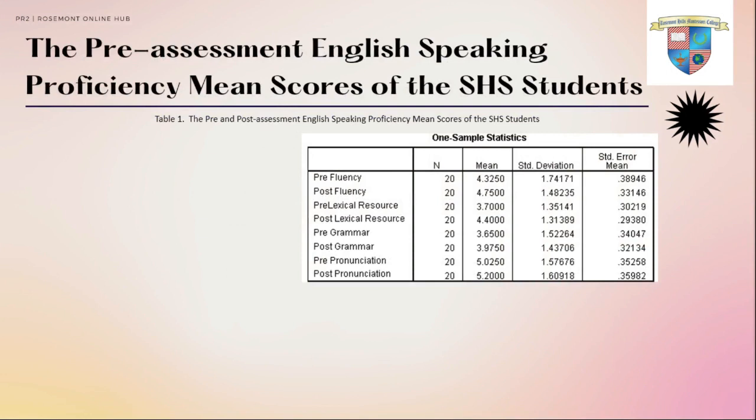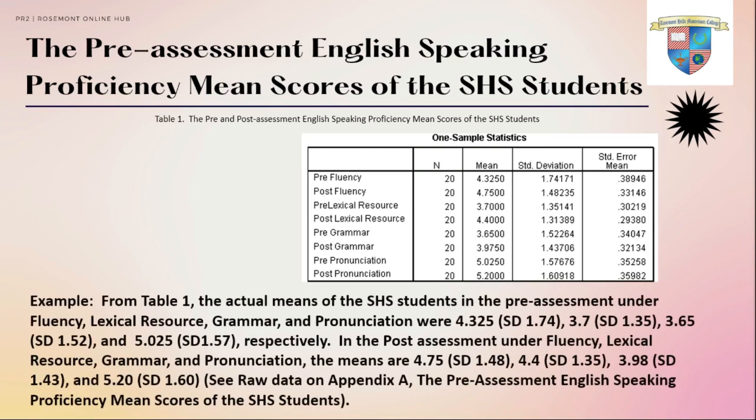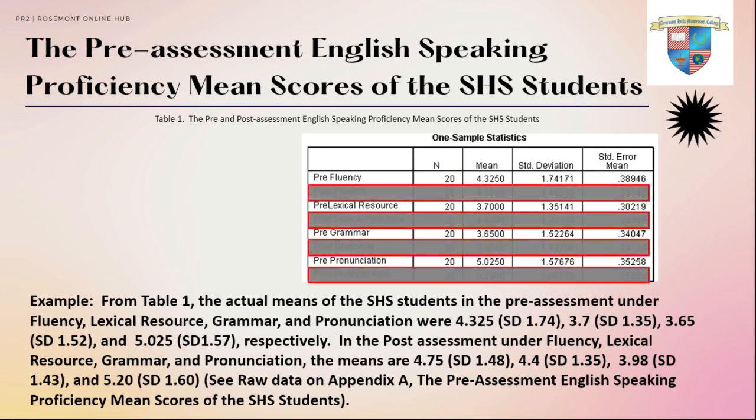After you have presented your table, you should also present a narrative for that particular table. You have to describe the context of that table. For example, from Table 1, the actual means of the senior high school students in the pre-assessment under fluency, lexical resource, grammar, and pronunciation were 4.325, 3.7, 3.65, and 5.025 respectively.